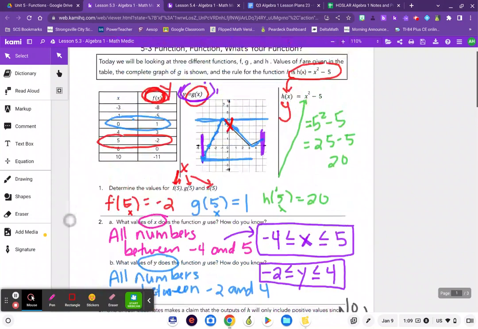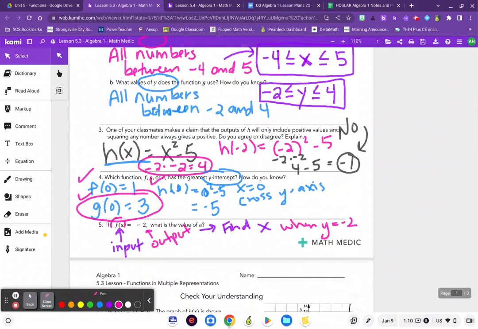Looking at my f function, I'm looking for when the output is -2. Well, we already used this one before. So when my output, f, is -2, the x that goes with that is 5. And so we can say, okay, fine. If f of a equals -2, what's the value of a? A is 5. In other words, f of 5 would equal that -2.